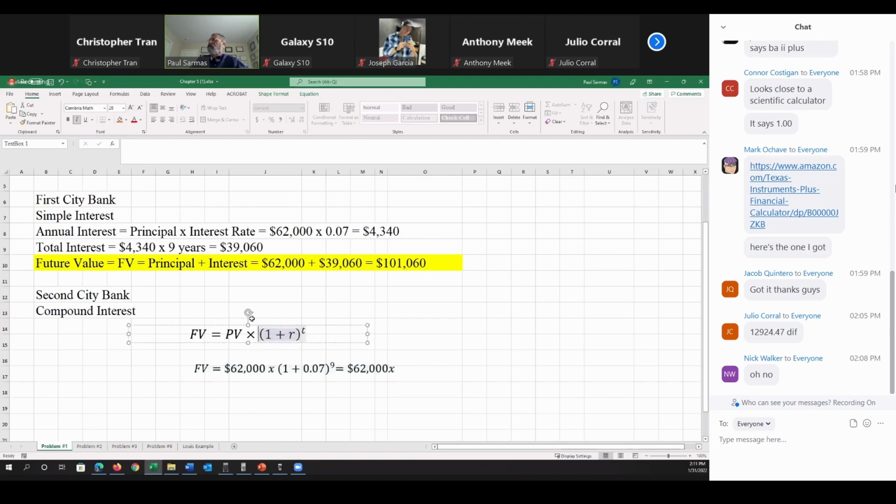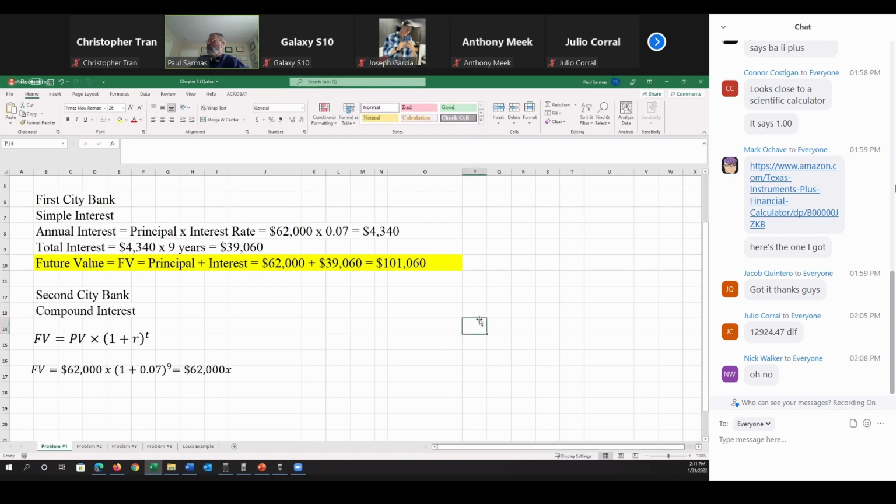Okay, this is the original formula. And this is the calculation. Now you have to go to your calculator. And this is what you do. TI, make sure, Texas Instrument, you clear calculator.